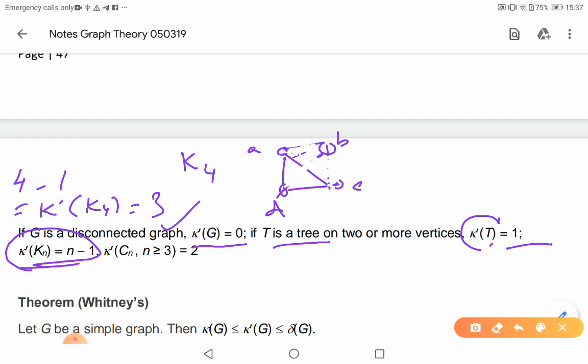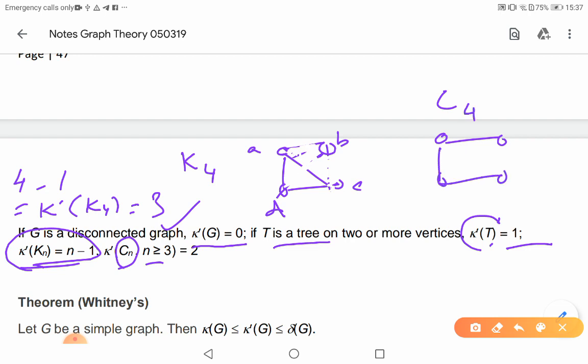Okay, for Cn, where n is greater than or equal to 3, kappa prime equals 2. Cn is the graph of what? C is the cycle graph. So let's say I have C4.